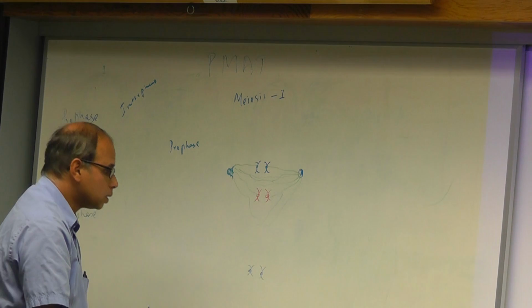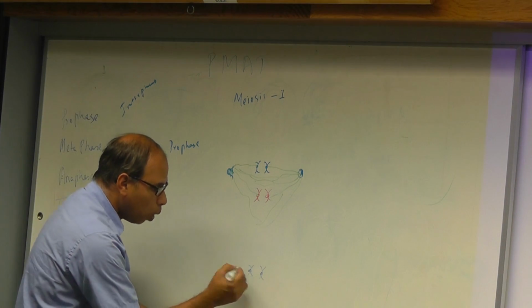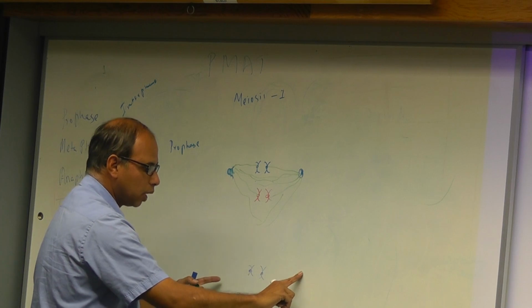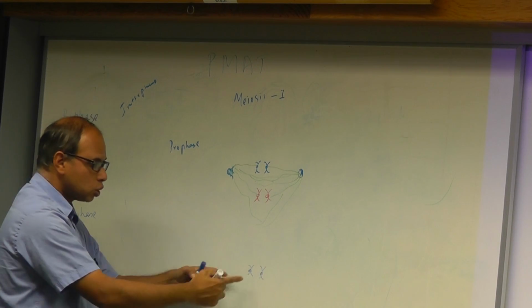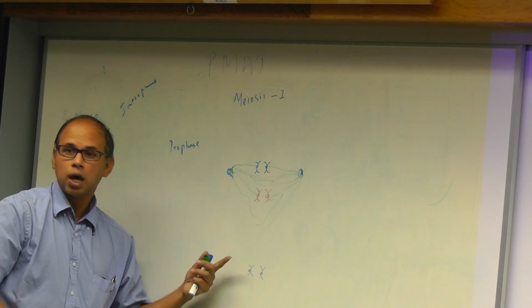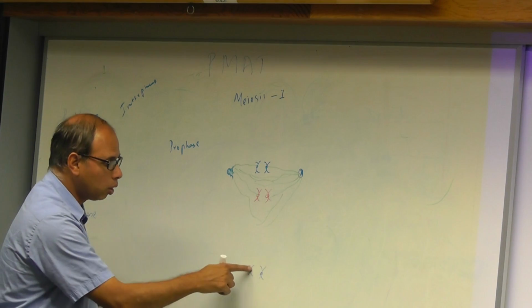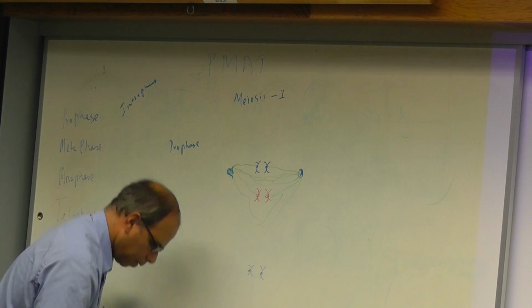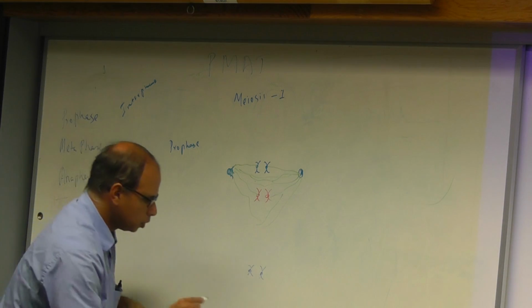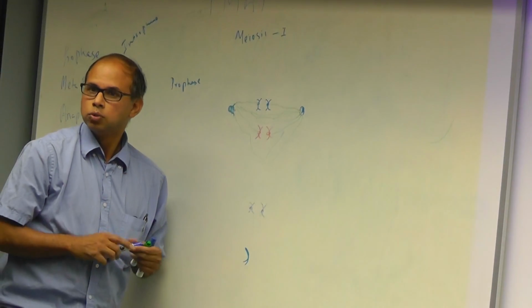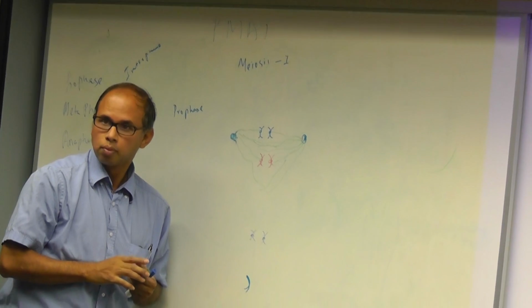The difference is, in mitosis, one sister chromatid would get pulled in this direction, the other sister chromatid gets pulled in this direction. So at the end, you have a chromosome which doesn't have a sister chromatid. It doesn't look like this. It looks just like this. You get that, Srijan?